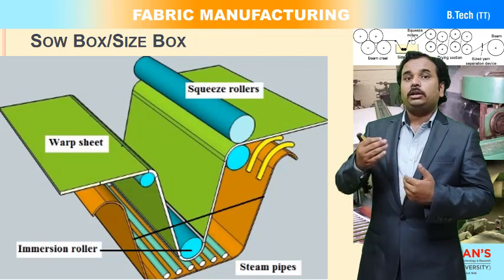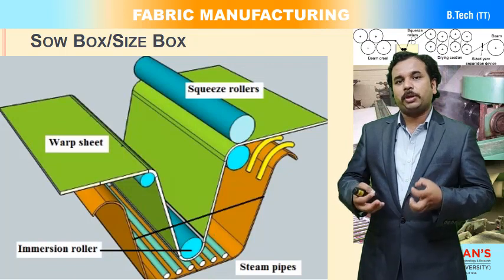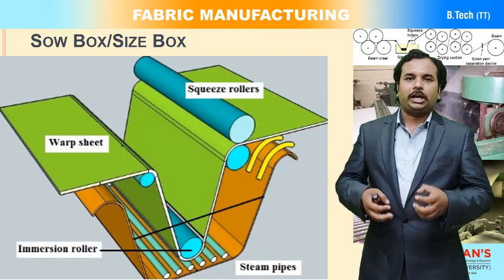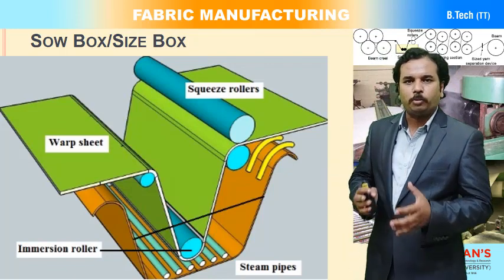Here also the size paste is going to cool, film formation occurs, and the size paste becomes more viscous. That is why we have separate steam pipes in the size box.